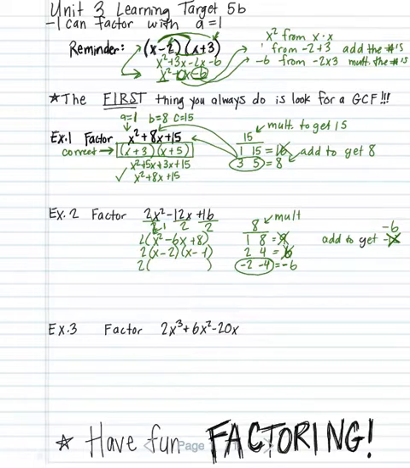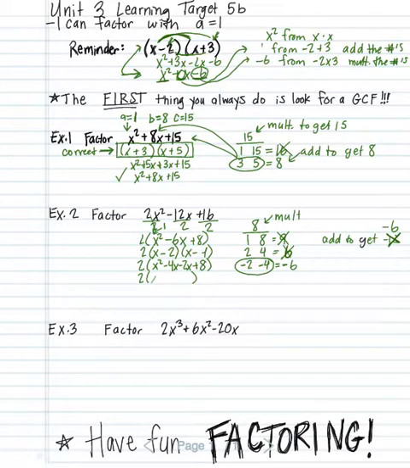Our 2's cancel. We had 3 x's, now we only have 2, so x squared. 6 divided by 2 is positive 3. X squared, take away an x, gives us just an x left. Negative 20 divided by 2 is negative 10, and our x's cancel.